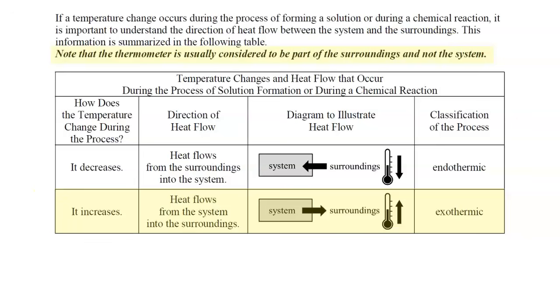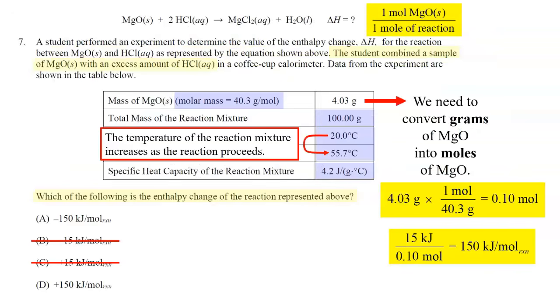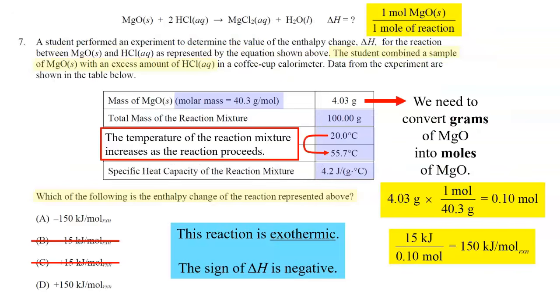Remember that when the temperature increases during a chemical reaction, that's going to be an exothermic process. So this chemical reaction releases energy. The reaction is exothermic, and therefore the sign of delta H for this reaction should be negative. So the correct answer to question 7 is choice A. The enthalpy change of the reaction is negative 150 kilojoules per mole of reaction.